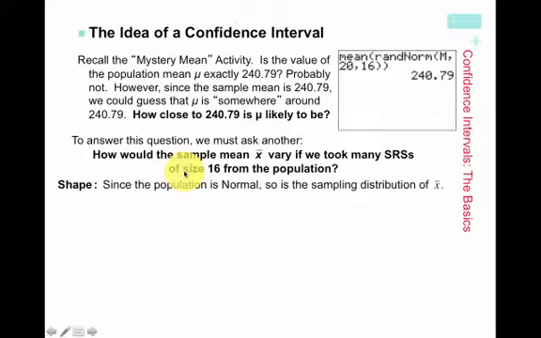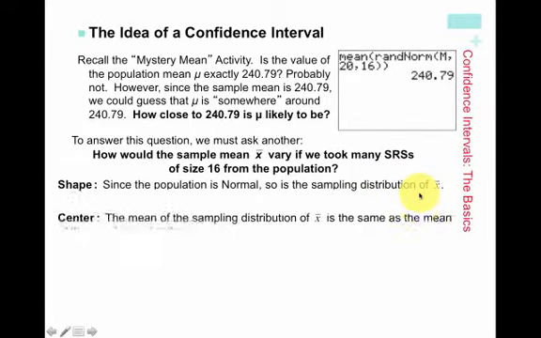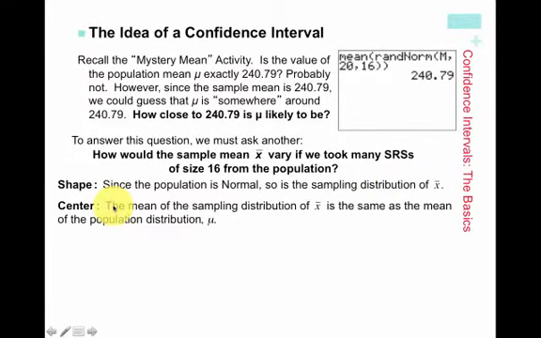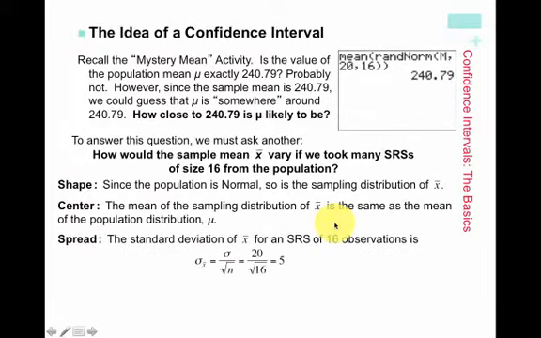Let's look at the shape. Population is normal, so the sampling distribution of x bar is normal. The center, the mean of the sampling distribution of x bar, will be the same as the mean of the population distribution, mu. And our spread, the standard deviation of x bar for an SRS of 16 observations, is found right here, the standard deviation of the means.